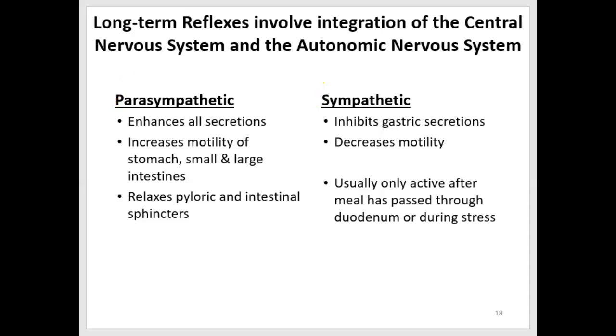So, as one would expect, the parasympathetic nervous system enhances all digestive secretions, also enhances motility or contraction of the muscle in the wall of the alimentary canal. This is particularly important in the stomach and the intestines, small and large intestine. There's also some sphincters that are going to be controlled by the parasympathetic nervous system.